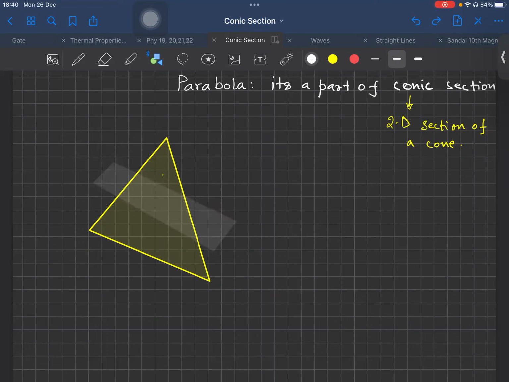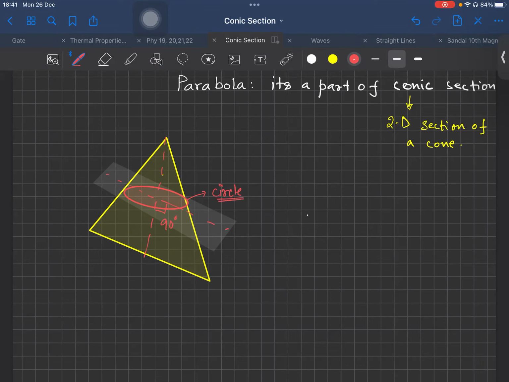This is the slice that we are getting. If we slice it at 90 degrees, we get a section which is circular. So when this angle is 90 degrees, then we get a circle.